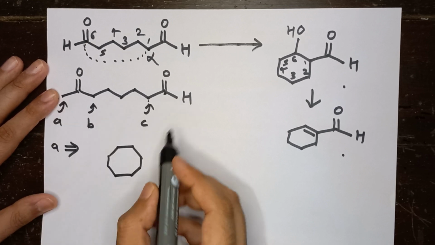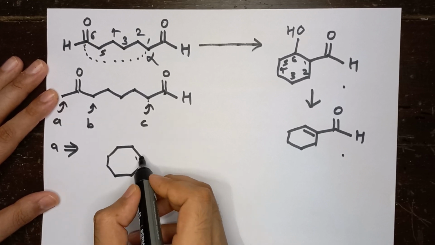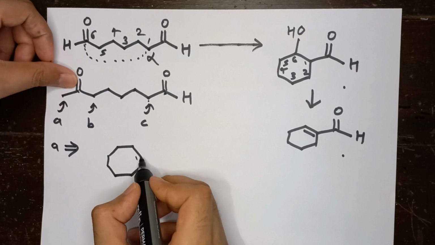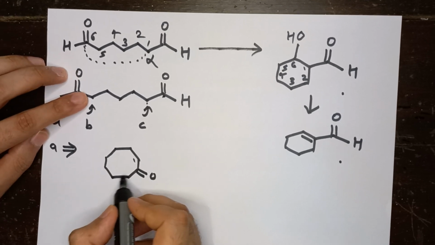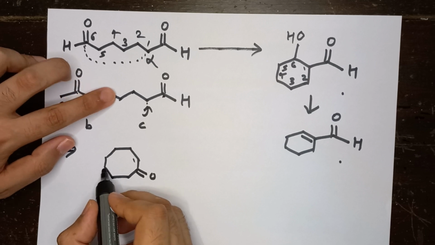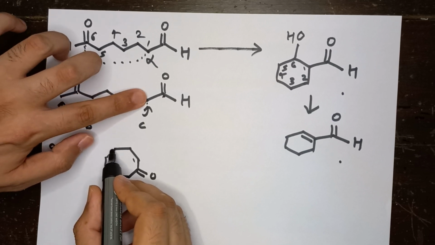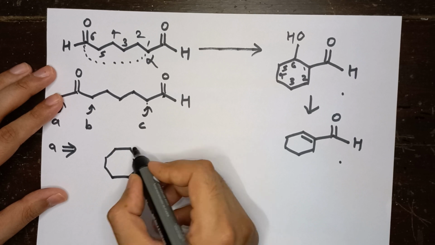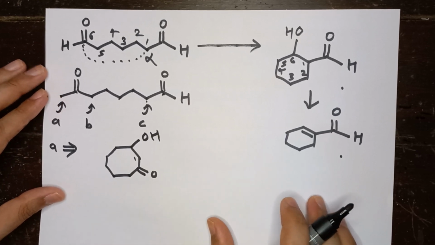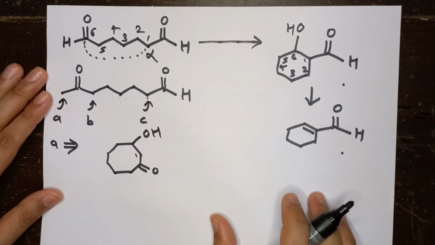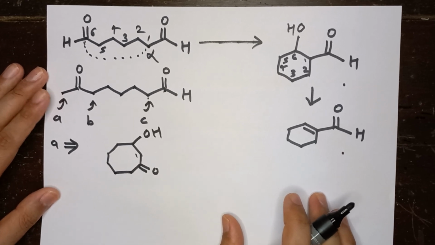Let's call this 1. Then at 2 we have a carbonyl group. At 3 we have nothing. 4, 5, 6, 7 and at 8 we converted carbonyl into OH. So this is my product coming from A structure.